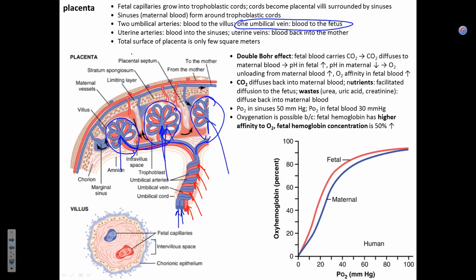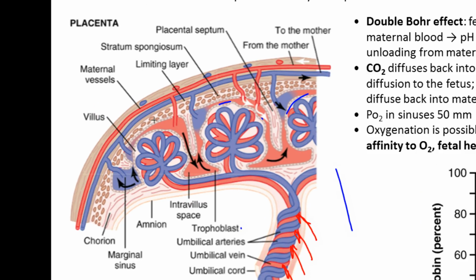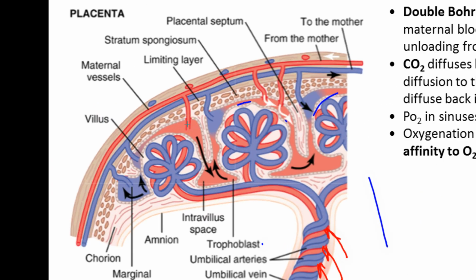Trophoblastic cords and villi are practically bathed in mother's blood. Okay? So if you look closer at this image, you will notice that each villus is surrounded by what we call a sinusoid.